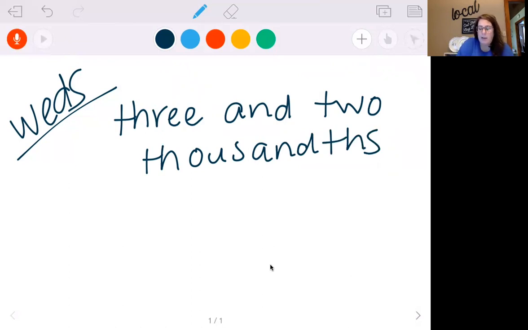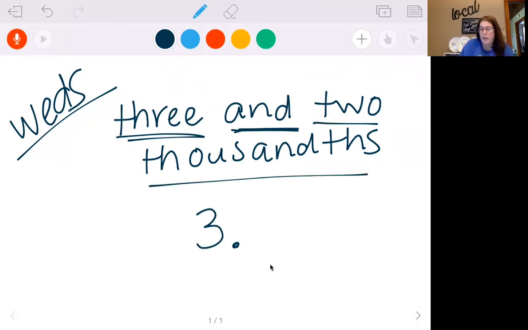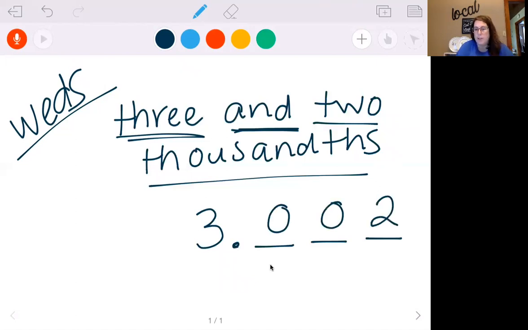So the first thing I would look at is that word "and." That means that's going to be my decimal. The 3 comes before the word "and," so it's going to be my whole number over here. 2 thousandths. Thousandths means I'm going to have 3 spaces after my decimal. There's only 2 thousandths, so I'm going to make all these other numbers 0.